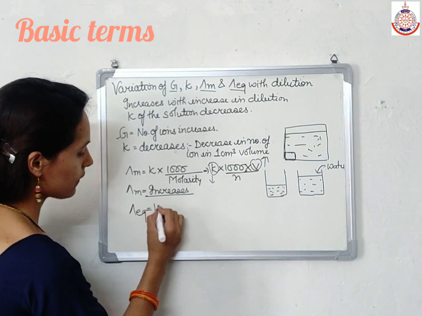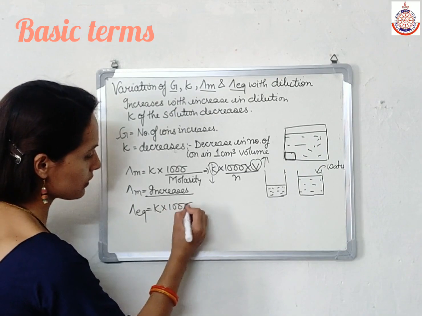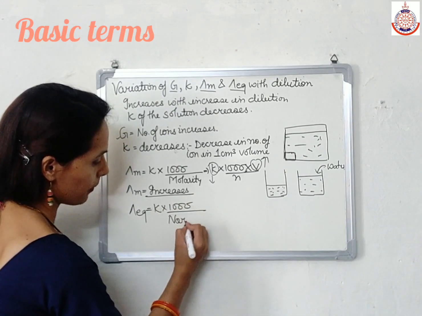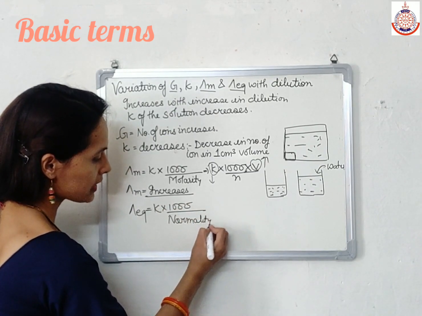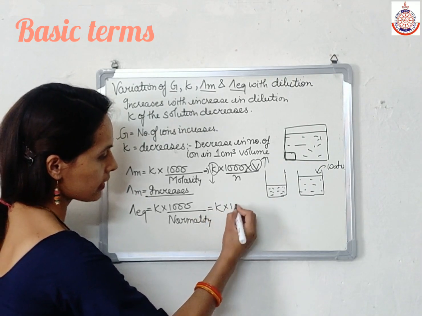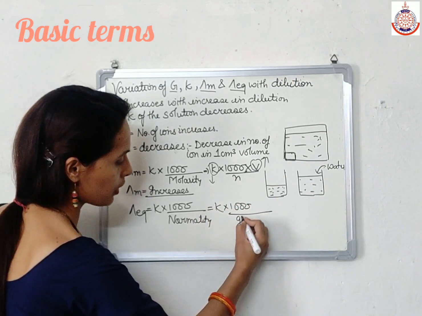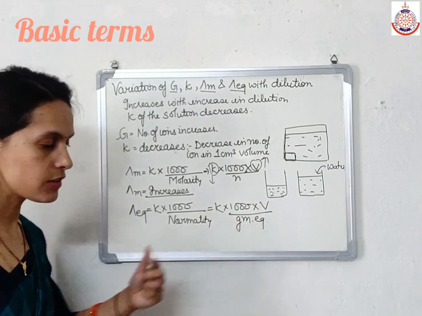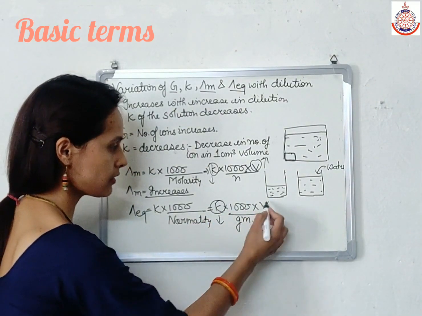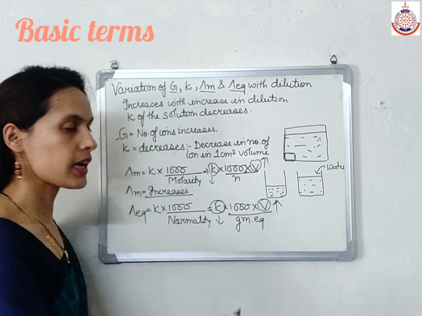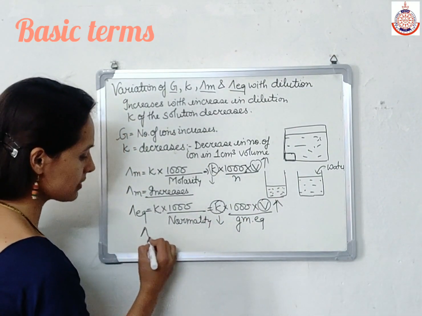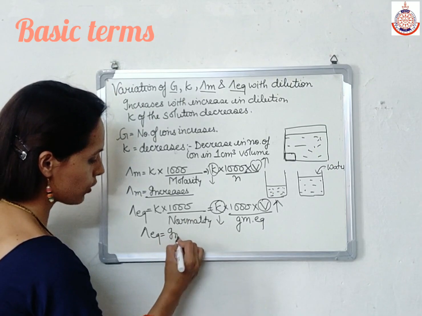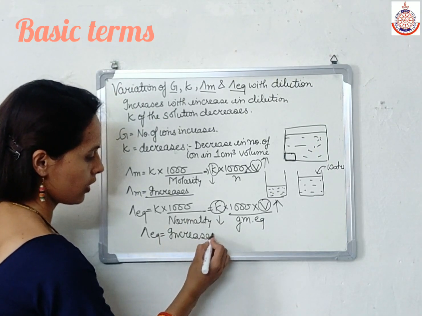Similarly, lambda equivalent is K into 1000 divided by normality. Now, what is normality? Normality is the number of gram equivalents present per liter of the solution. In this also, though K decreases, the increase in volume compensates the effect, and hence lambda equivalent also increases.